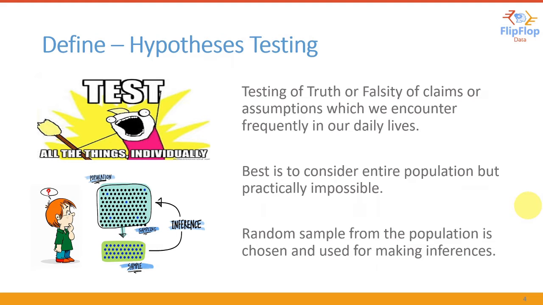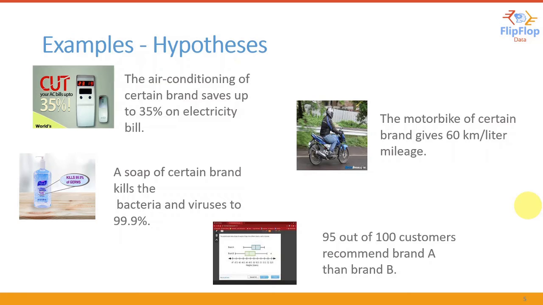Let me show you some real life examples so that you understand it better. These examples are just indicative and the list is actually exhaustive. First, the air conditioner of a certain brand saves up to 35% of the electricity bill. Second, the motorbike of a certain brand gives 60 kilometers per liter of mileage.